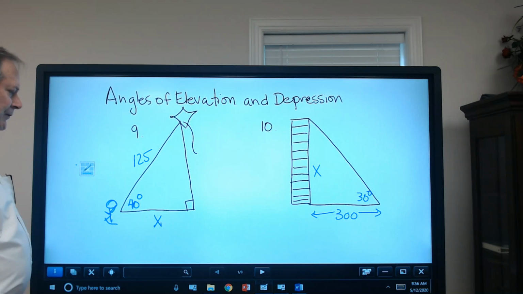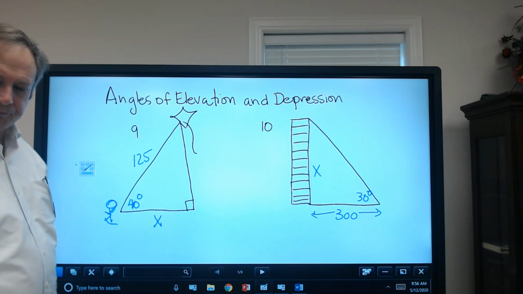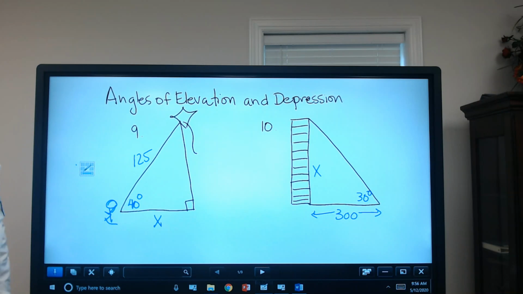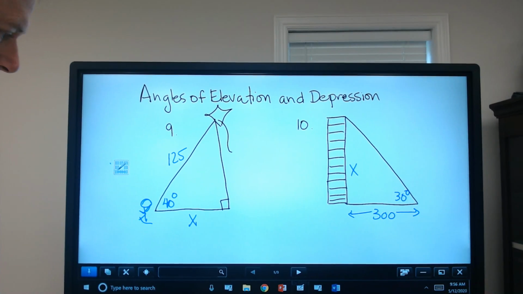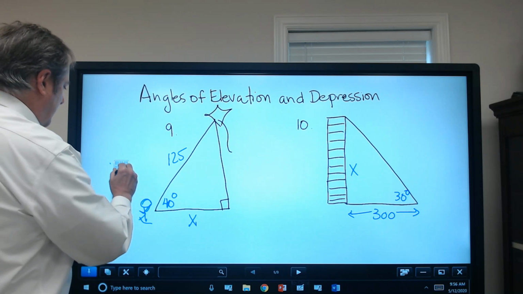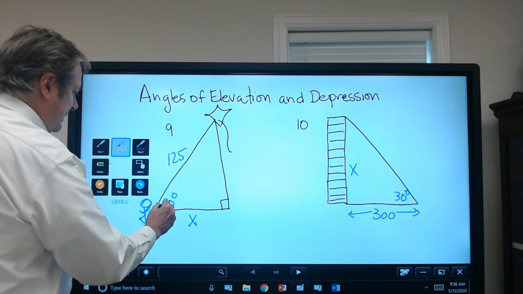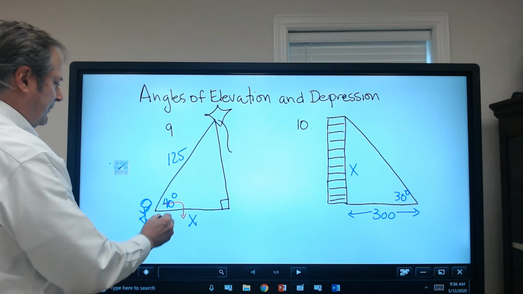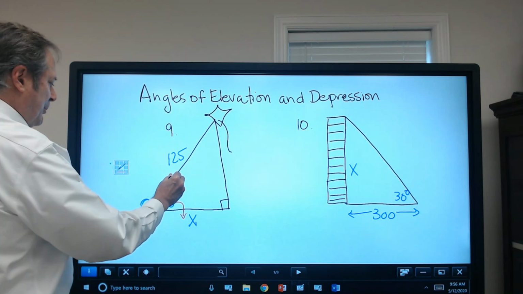Now, as you might guess, we're dealing with trigonometry now. Hopefully you can recognize that this is an adjacent side. That's the hypotenuse.